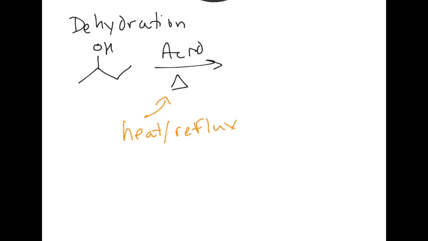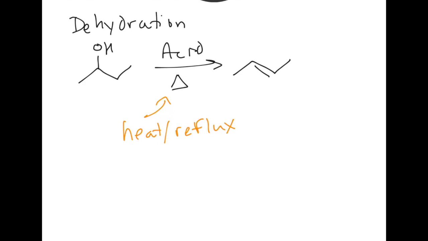When you see a triangle in a set of conditions, the triangle stands for heating or just generally refluxing the reaction. And that will make your double bond. And again, you're always going to make the most substituted double bond that you can.